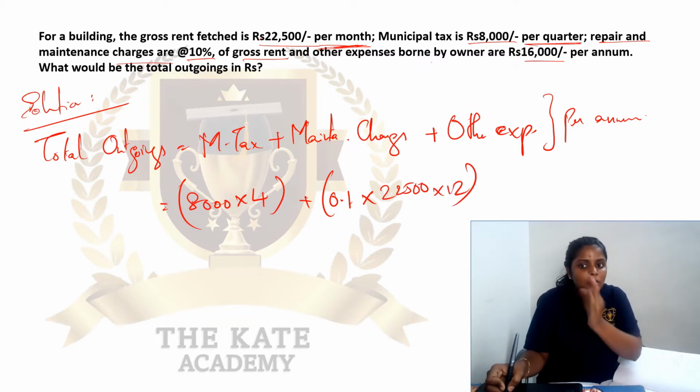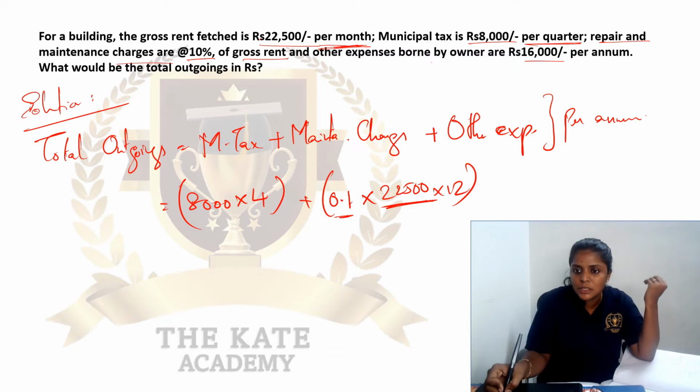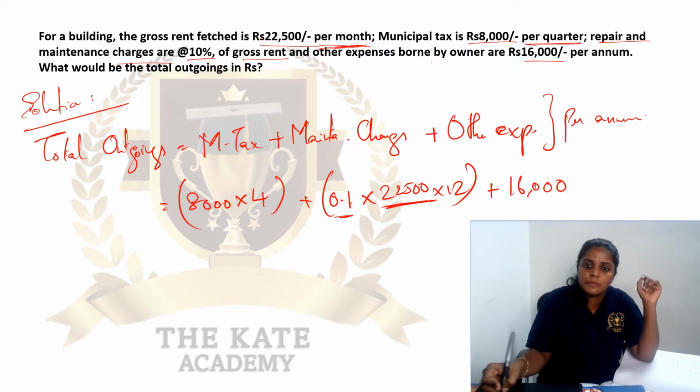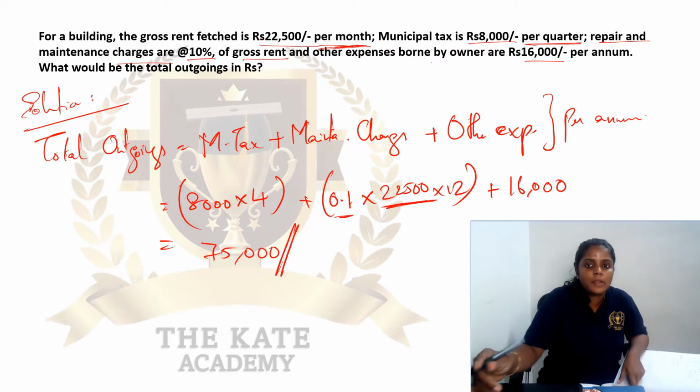So this is your gross rent, and from the gross rent we are extracting 10%. Plus other expenses are 16,000 rupees. Thereby you get an answer of rupees 75,000. So this is your final answer.